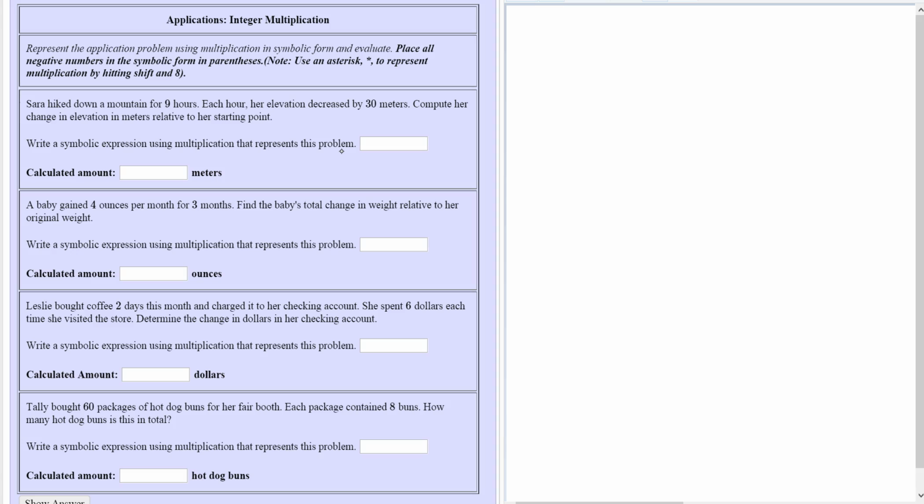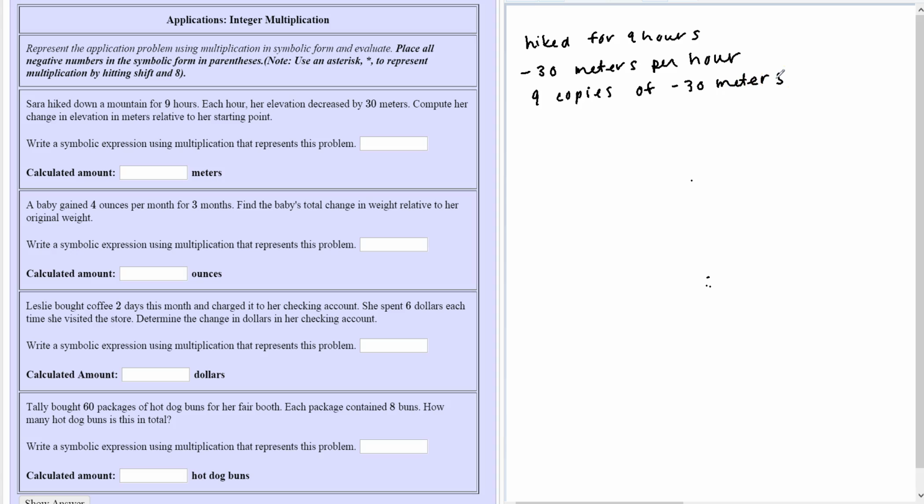So she hiked for 9 hours, and each hour her elevation decreased by 30 meters. So negative 30 meters per hour. Okay, so we can think of this as 9 copies of negative 30 meters.